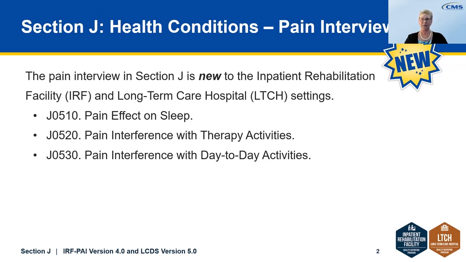Just one caveat about the item sets: some of the coding examples in this session involve discharge scenarios. So if you're using the IRF-PAI, you can just scroll within the PDF to the discharge section later in the document. For the LCDS, we'll be using the planned discharge item set, which is a separate PDF if you wish to access that.